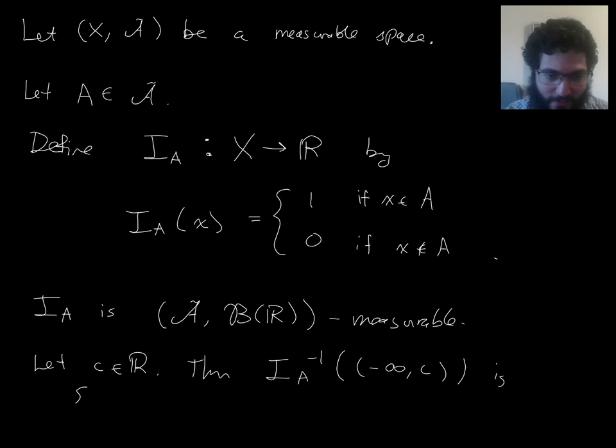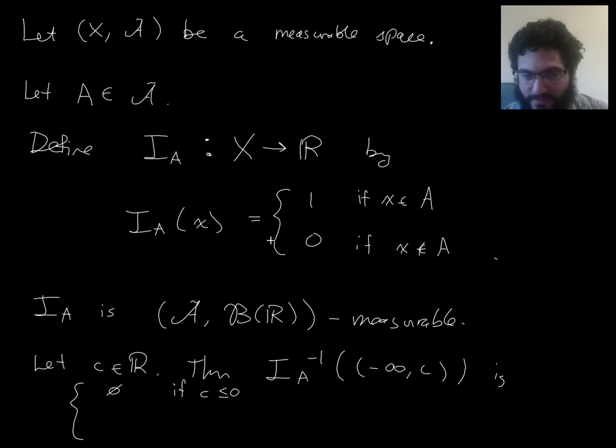So there are 3 possibilities for what this is. If c is negative or 0, then this is the empty set, right? Because nothing maps to something less than 0. The outputs of the indicator function are just 1 and 0. On the other hand, if c is greater than 0 but less than or equal to 1, then I get something.